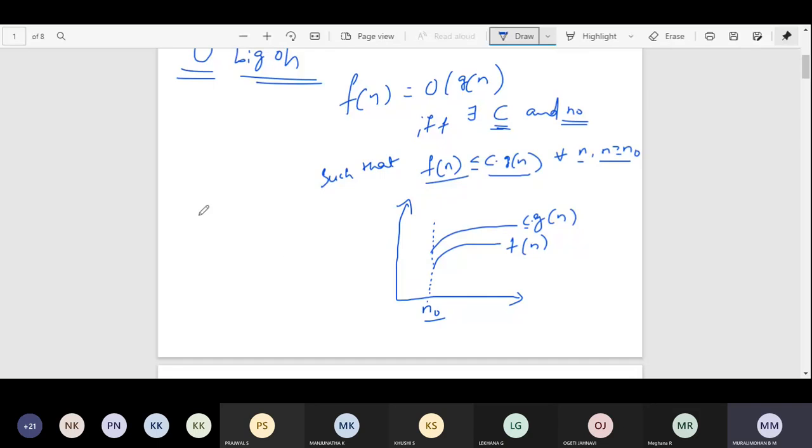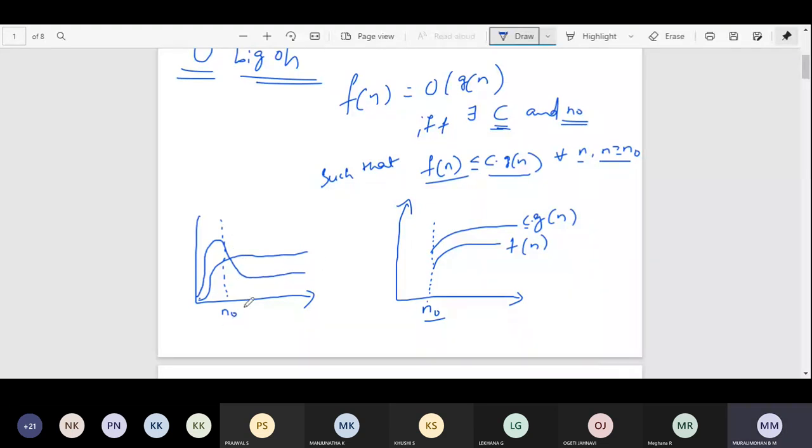In some textbooks or in some materials you will see it like this.